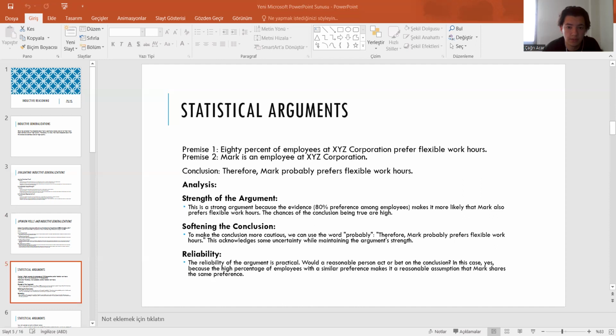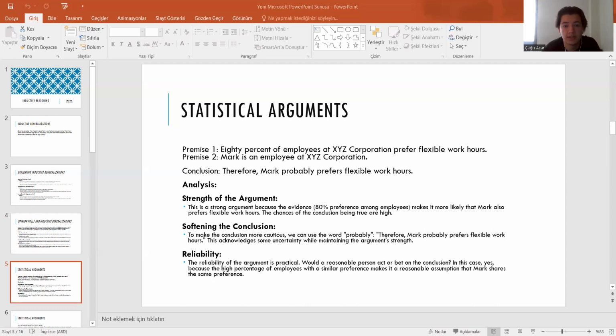The key points of the part. The first one is statistical arguments. Statistical arguments infer individual characteristics from percentages within a population. Examples are provided to illustrate how statistical arguments are formulated. The second one is strength and weakness of statistical arguments.